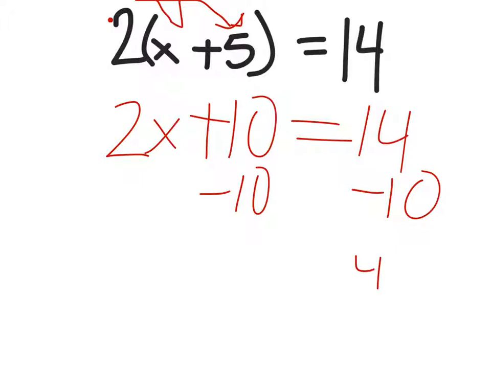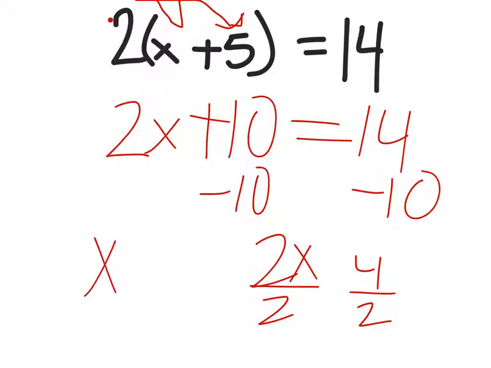And then you bring down 2x. Divide that by 2. Get rid of the x. And then 4 divided by 2 equals 2. Then you plug that back in. And you put in 2x. Oop. Erase.